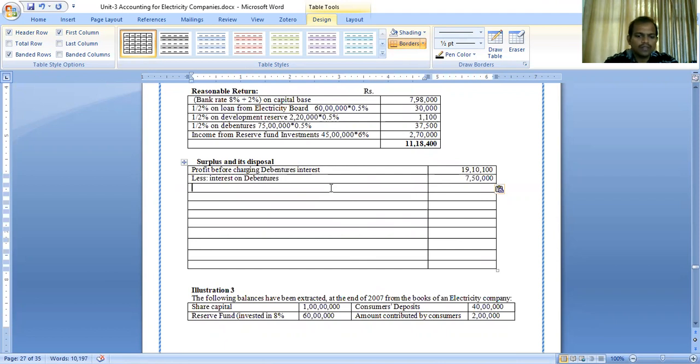So after deducting the debentures interest, we got clear profit of 11 lakh 60,100.